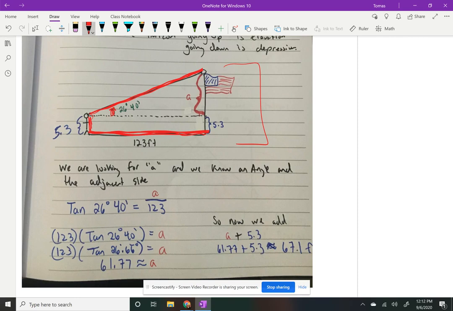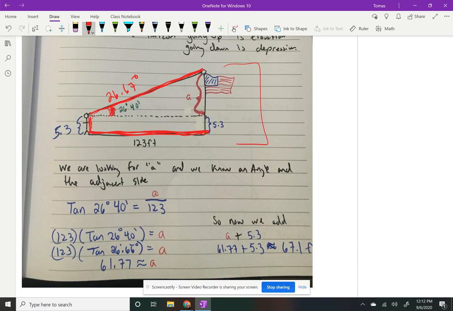His angle is 26 degrees and 40 minutes. Again, we need to convert this to decimals. So we go 40 divided by 60, and we get 0.67. We'll say 26.67 degrees.